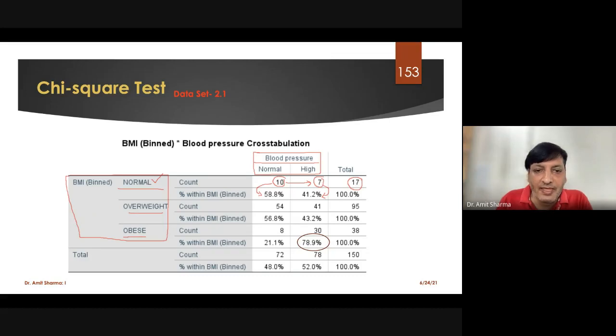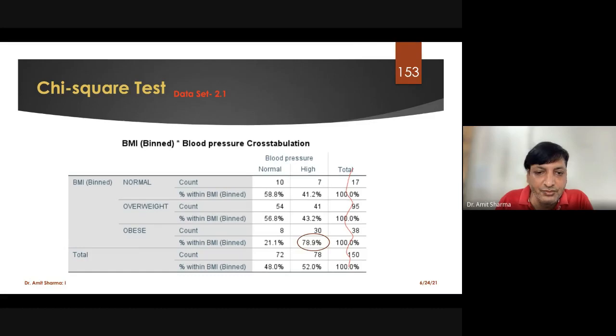Clear? Now from this table, what do you have to do, and why have I marked this 78? Whenever you are applying a chi-square, you have to look for the highest proportion. So what do you have to do? First of all, you ignore all the hundreds, because we are not going to look at the totals.